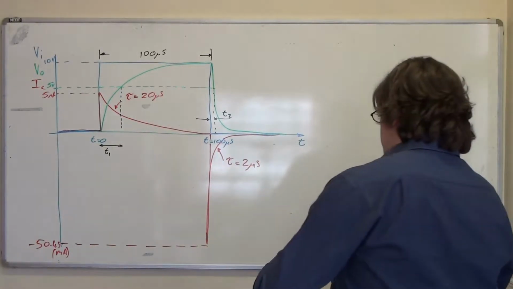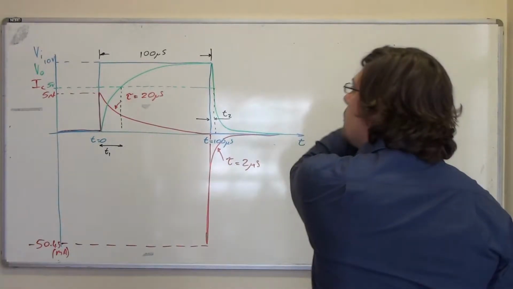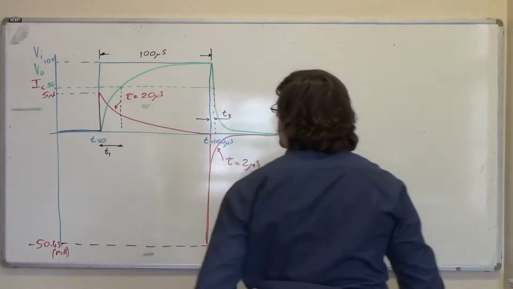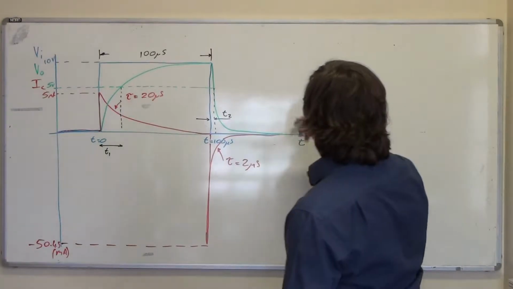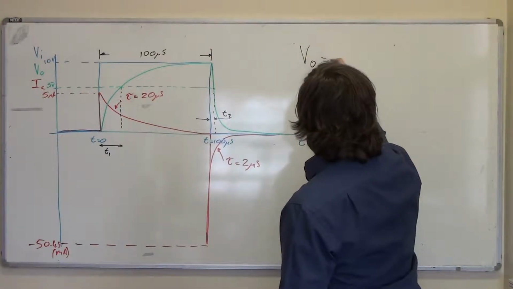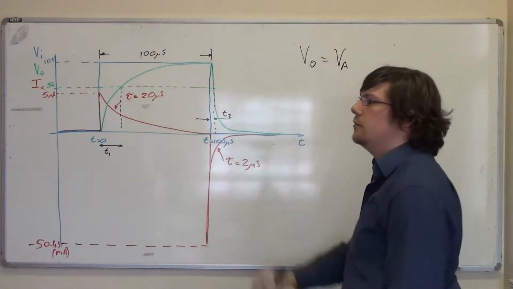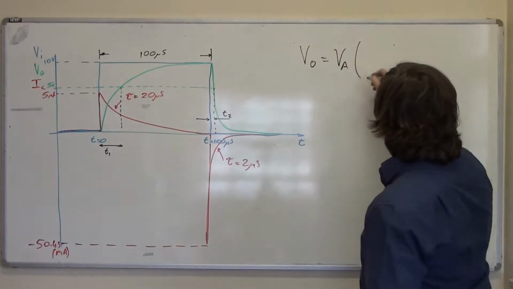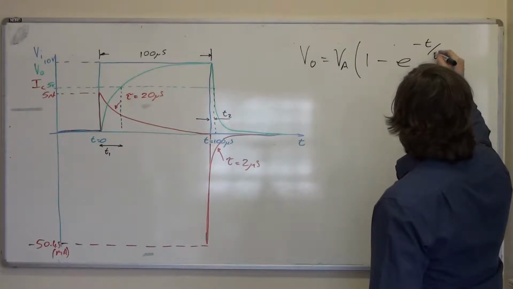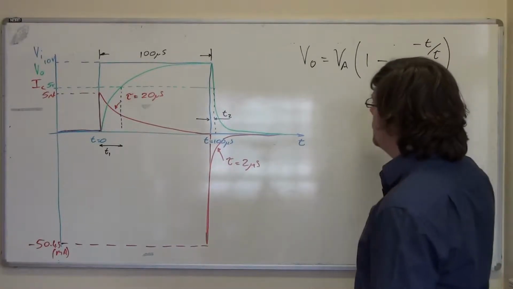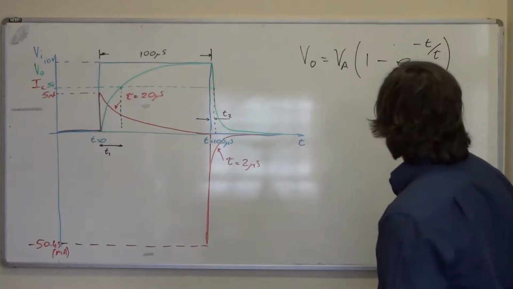Alright, so we have to first of all work out T1. So the equation that describes the shape of this exponential is VR equals VA, which I'm going to call the aiming voltage, brackets 1 minus e to the minus t upon tau, where in this case t is T1.